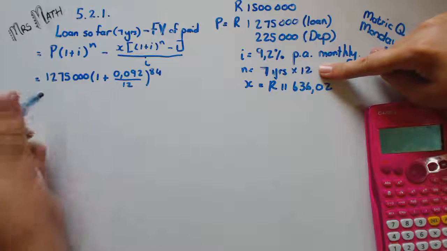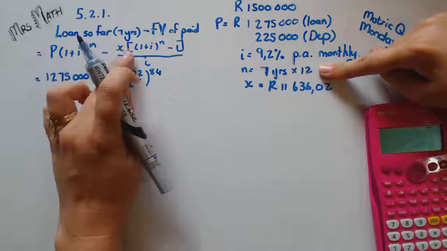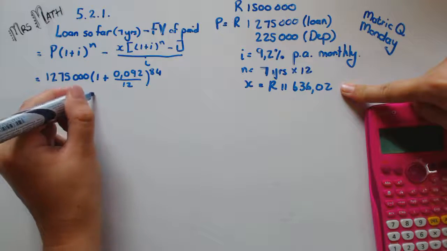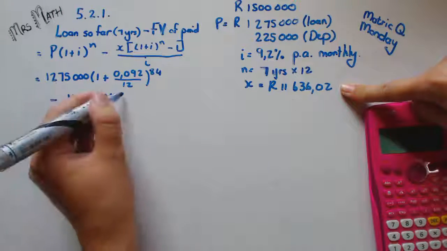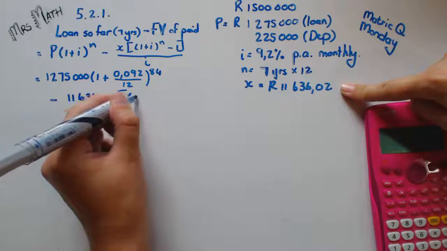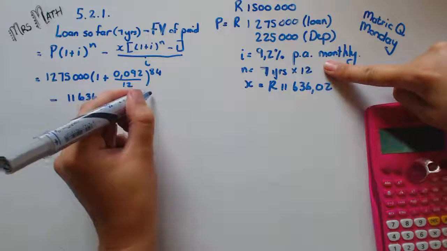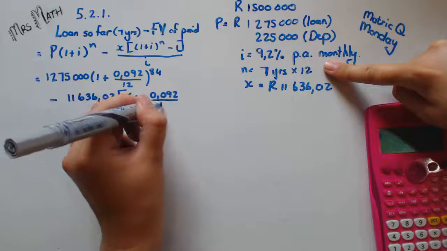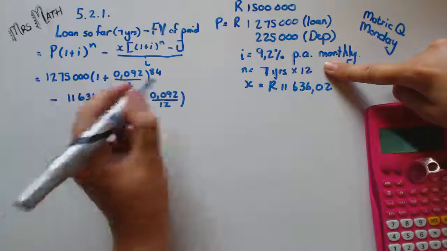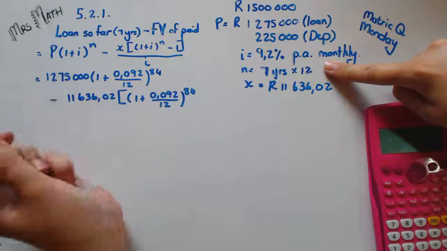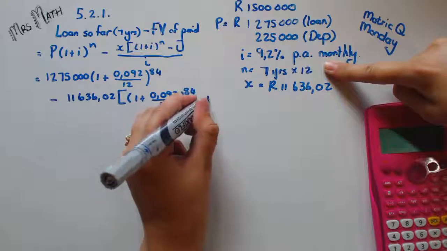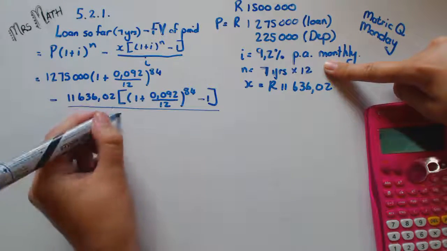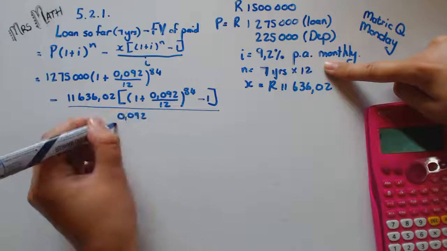And then my installments, 11,636.02, times 1 plus my i, which is still 0.092 over 12, to the power of 84, minus 1, and all of this over 0.092 over 12.